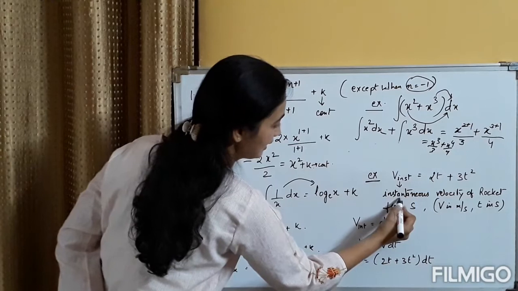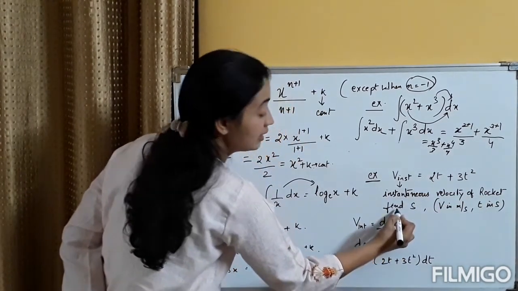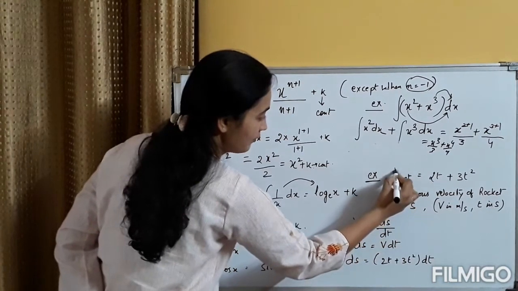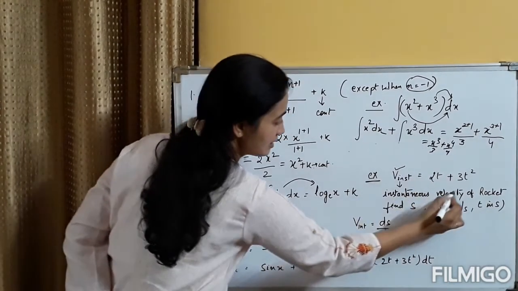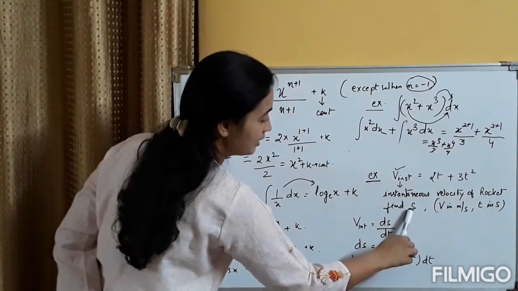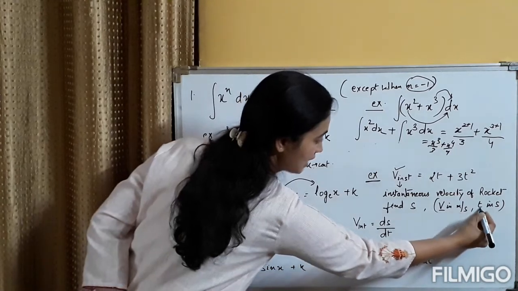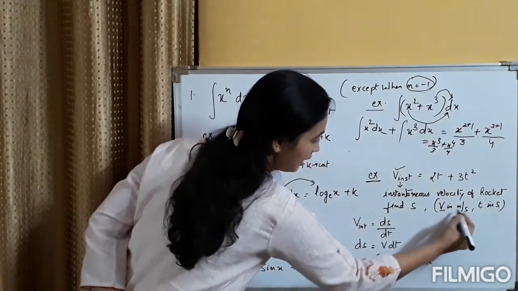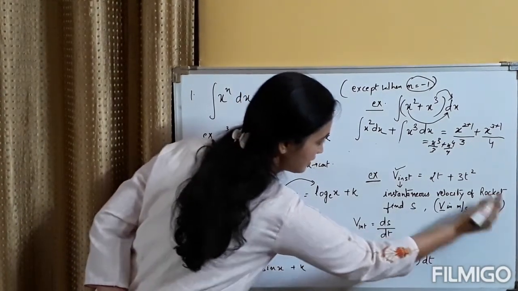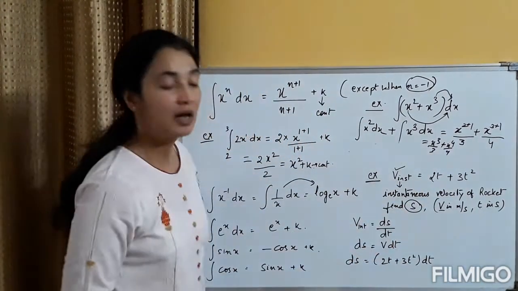This is representing the instantaneous velocity of a rocket and you are asked to find the displacement. What is given? V, the instantaneous velocity of a rocket after launching it, and you are asked to find displacement, where V is calculated in meters per second, time in seconds. This is given in the question and you are asked to find the value of S.